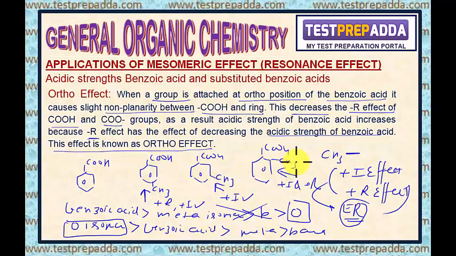Now, how do we say that methyl group, a bulky group, is attached at ortho position. Because of this, this COOH loses its planarity with the benzene ring. So its minus R effect that COOH provides decreases, and due to which its acidic strength increases.